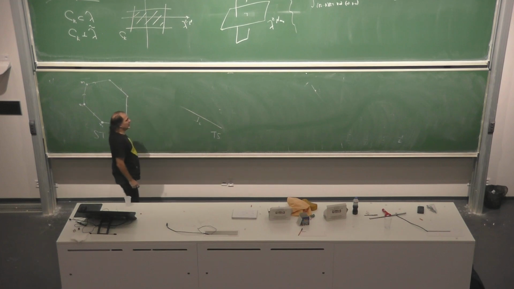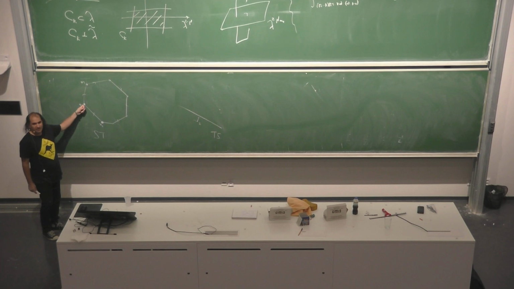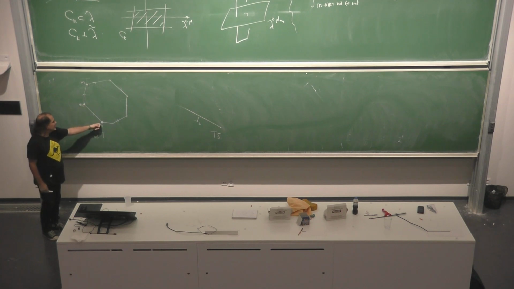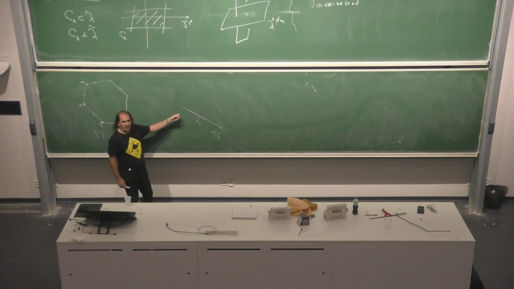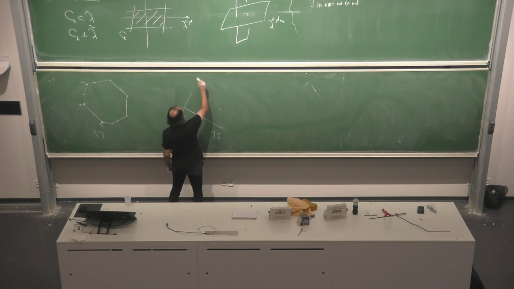I'll just label this line 1. Who is x2? It's some other line in twistor space. But what's the crucial thing? The crucial thing is that these two, x1 and x2, are null separated, which means that these two lines must intersect. Okay, so here's the next line.